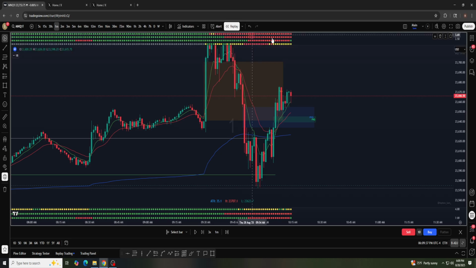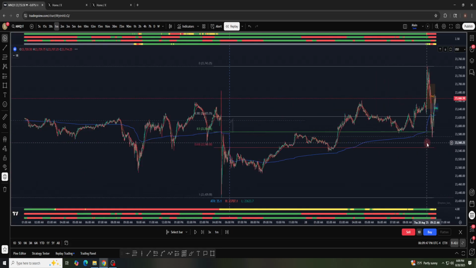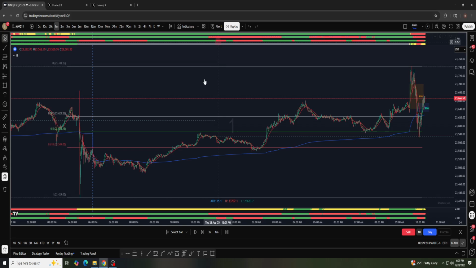So we get all red dots here, and obviously red equals bearish. So I'm looking at price and I see this fib, from low to high. I'll even go before the 50%.